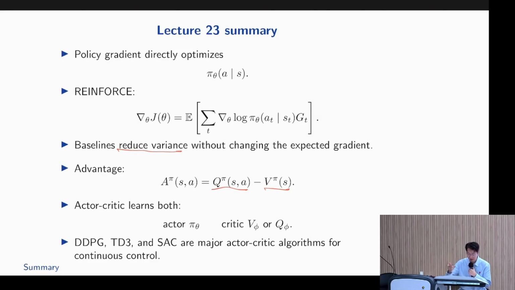If it was better than expectation, we increase the probability. If it was worse than expectation, we decrease the action probability. And actor-critic methods learn both the actor and the critic. And especially for continuous control, we want to avoid maximizing over the Q over actions. So during training, we train Q and pi so that whatever is recommended by pi has as high a Q value as possible.